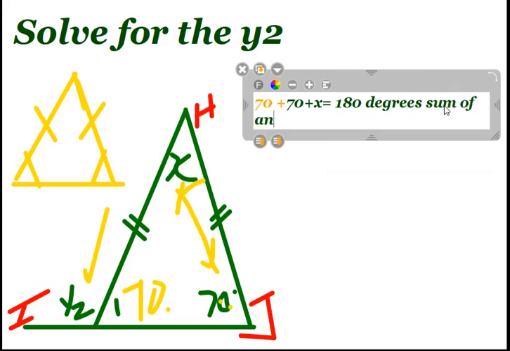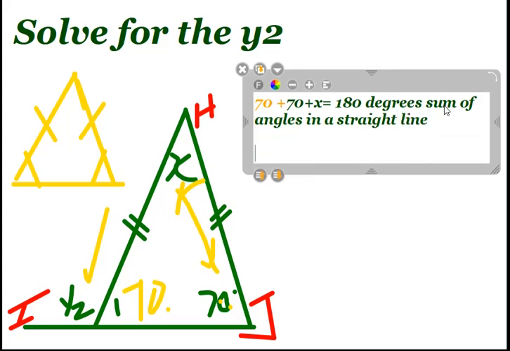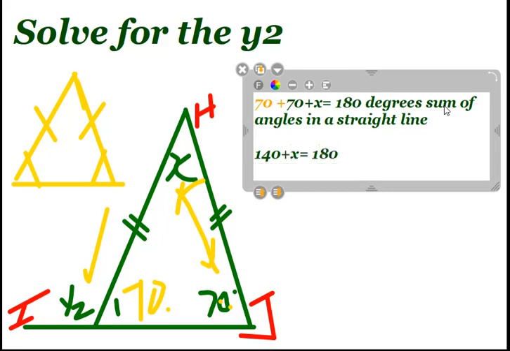Why? Sum of angles in a triangle. Then we can see that 70 plus 70 is 140, plus x is equal to 180 degrees. And if we make x the subject of the formula, we get that 180 minus 140 is equal to 40 degrees. So that's our answer for x, 40 degrees.